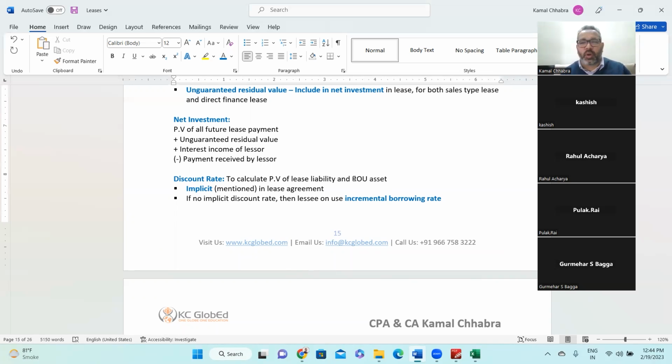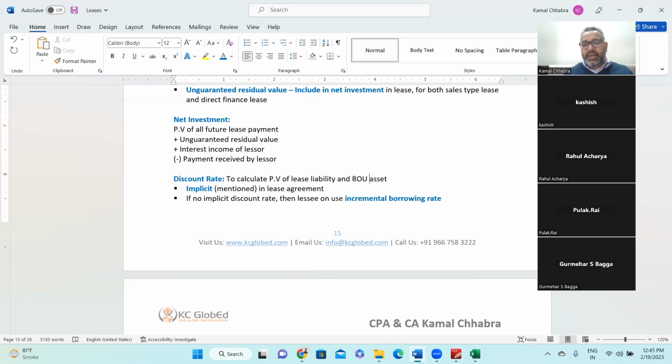What is incremental borrowing rate? For example, I am a lessee and you are a lessor, right? So let's assume I need a JCB machine for my construction business, right? So if I purchase the JCB machine and I take a loan from the bank, then what is the interest rate at which the bank will be providing me this incremental money to purchase the JCB machine?